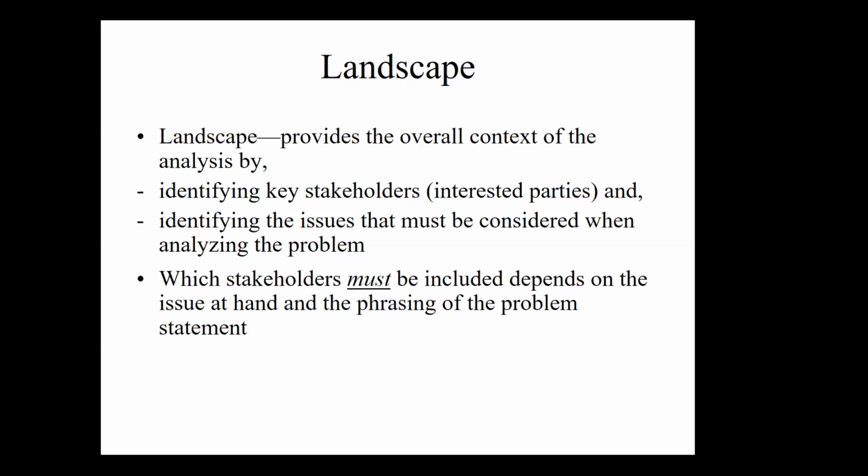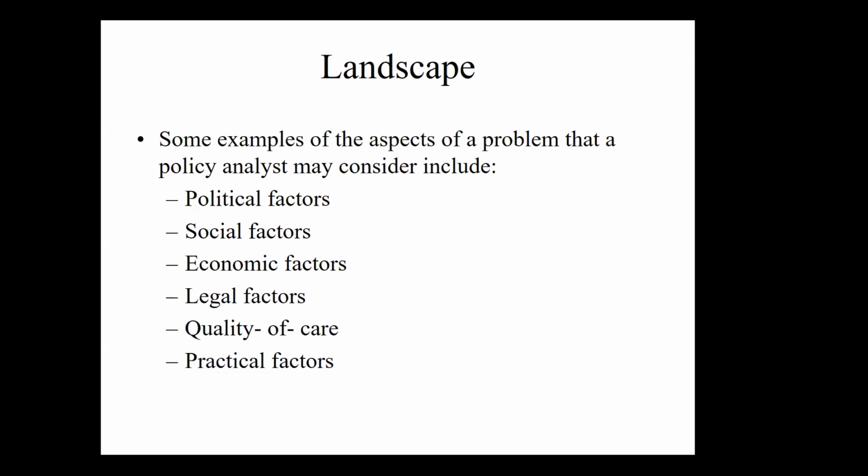The landscape is a very important section. And again, here's just a summary of what that does. Talk about the stakeholders, who are the interested parties, particularly with respect to Medicaid expansion. Clearly, there are several there. Again, your book provides more detail that you can follow along.